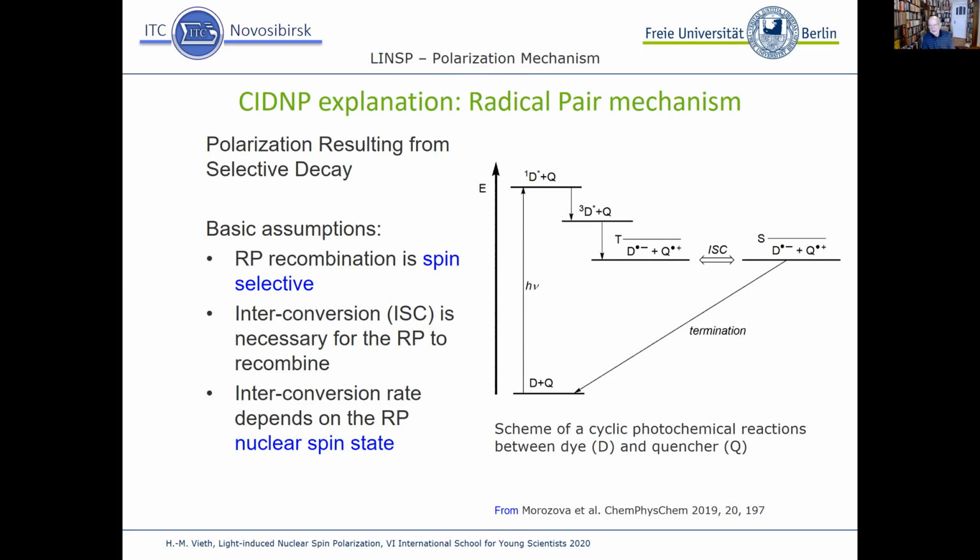From the excited triplet state, we have an electron or proton transfer between the dye and the quencher. We form two radicals in that, but they are in their triplet state. They go by intersystem crossing to the singlet state. And this intersystem crossing is different for different nuclear spin configurations. And then you have a terminating step going back to the ground state molecules.